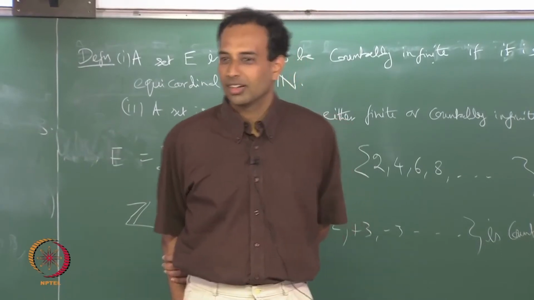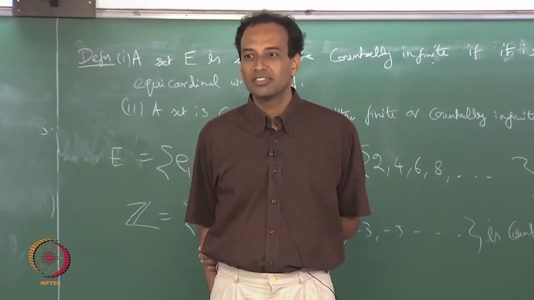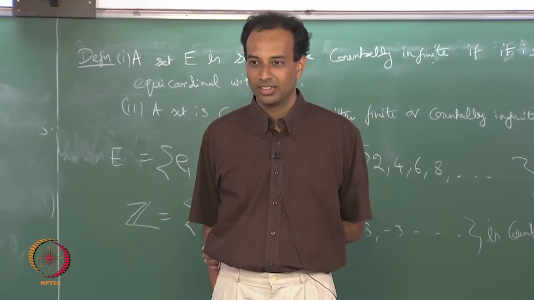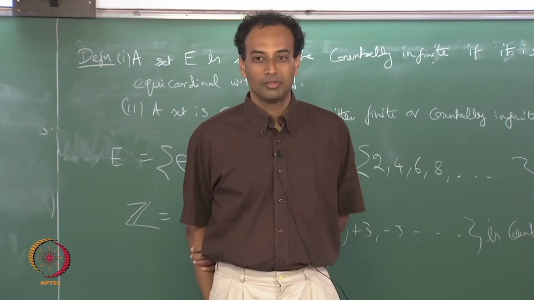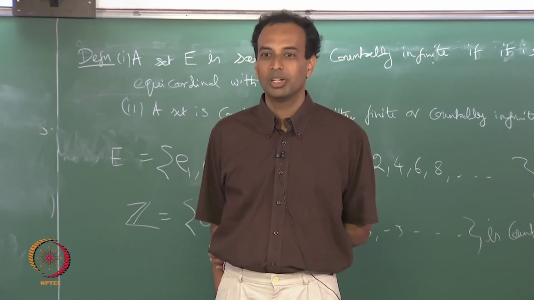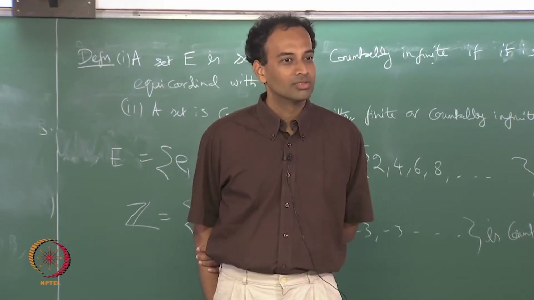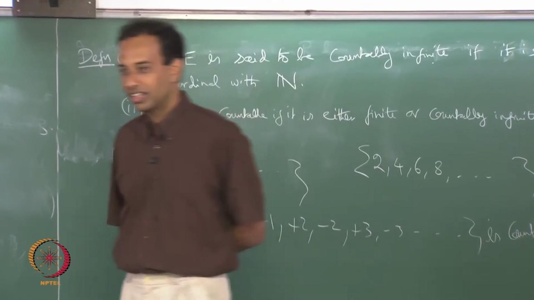So it seems like the set of rational numbers must be a much larger infinity than this N, but no, it is not. There are only as many rational numbers as there are natural numbers or integers, which is quite surprising.